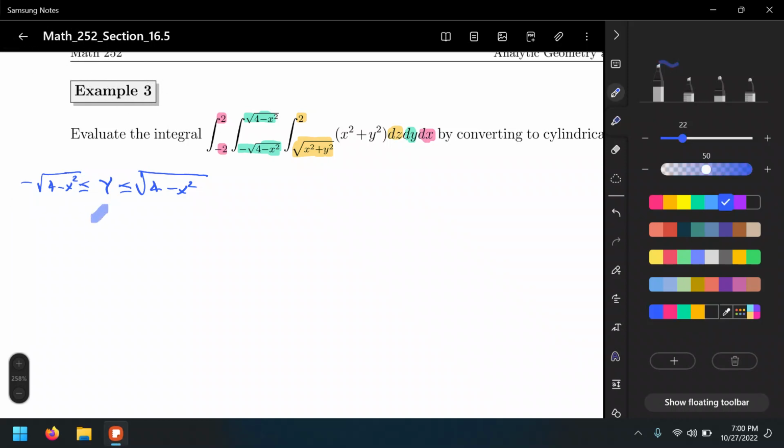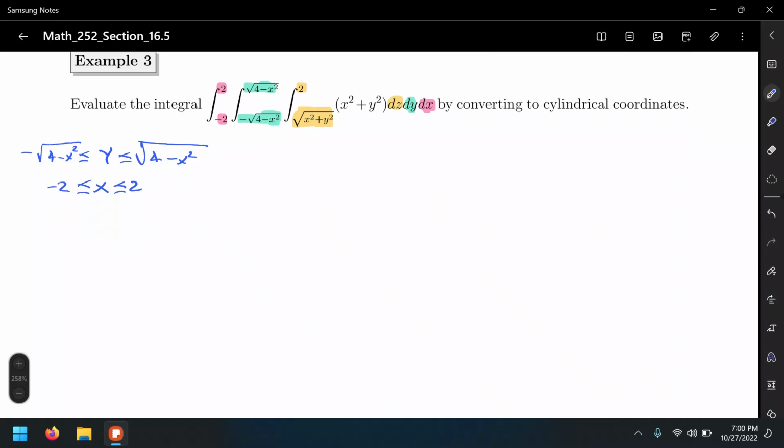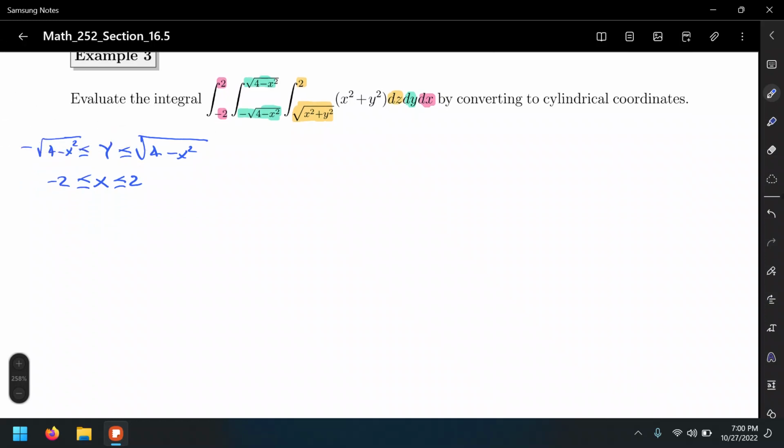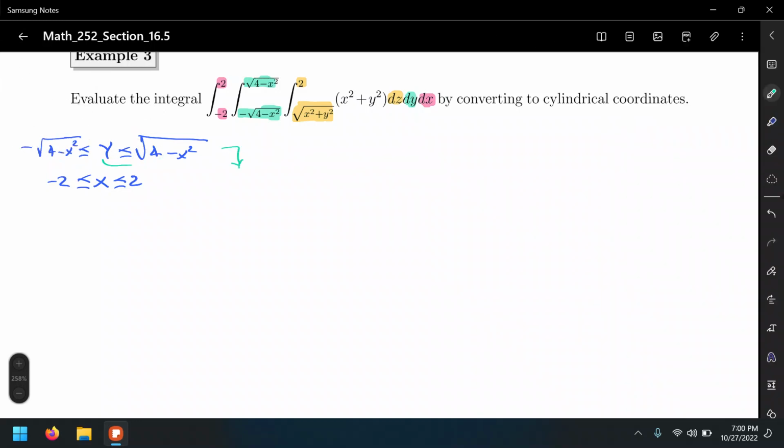So we can use these pieces of information to find out what's going on in the 2D plane. That's x going between negative 2 and 2. So what is that going to mean? If I take one of the sides, y equals the square root of 4 minus x squared, and square both sides, that's y squared equals 4 minus x squared, so x squared plus y squared equals 4.